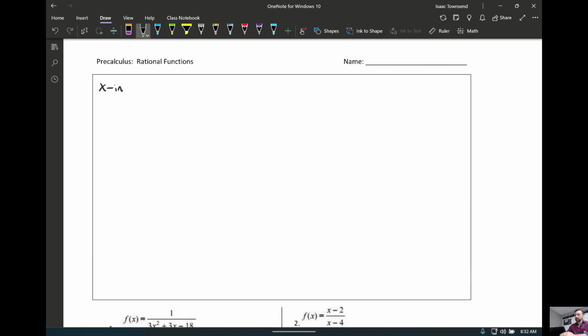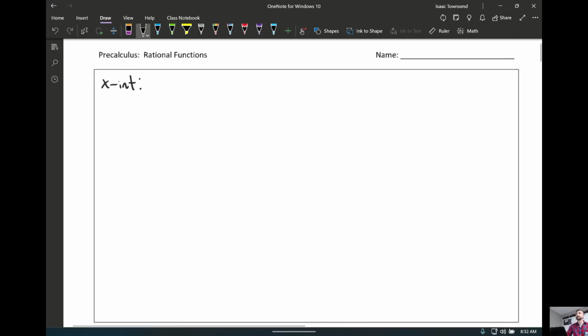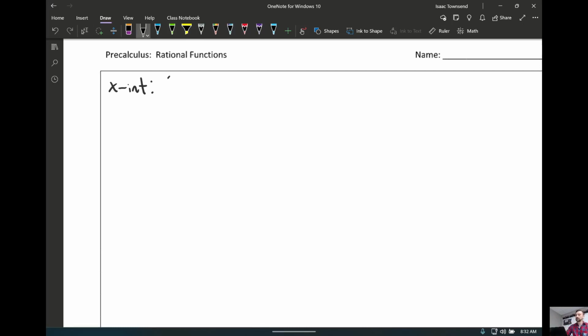So we talked about how to find x-intercepts. X-intercepts always have a y value of 0. This is how the answer should be written. It's a point. And to find it, you need to find x values. Feel free to reword this in any way that makes more sense to you. But x-intercepts are going to come from x values that make only the numerator equal to 0.